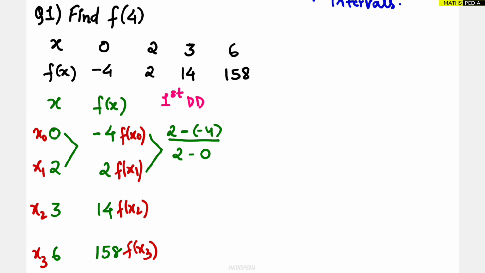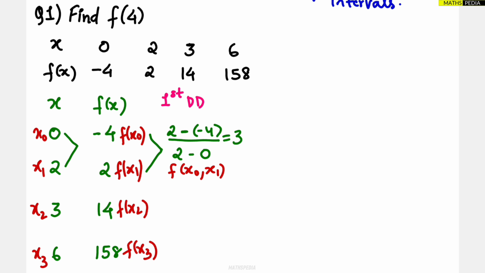In Newton's forward and backward, we used to subtract only this and this. But in divided difference, you also divide by the difference of these two, always lower minus upper, so 2 minus 0. This is the extra thing we are doing. How much will we get? The answer is 3. This will be termed as f of x0 comma x1, because we are utilizing f of x0 and f of x1.